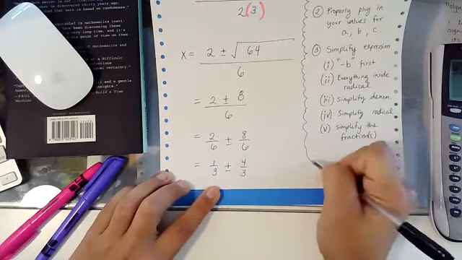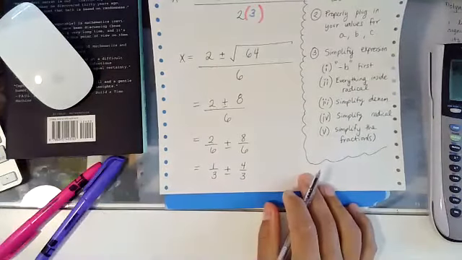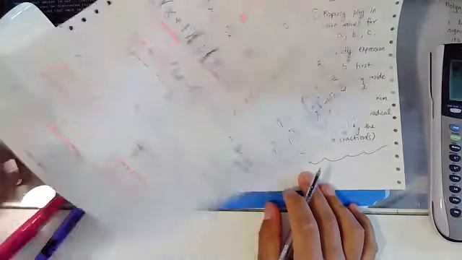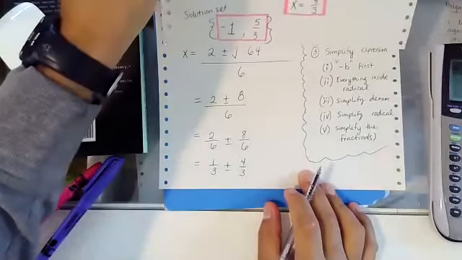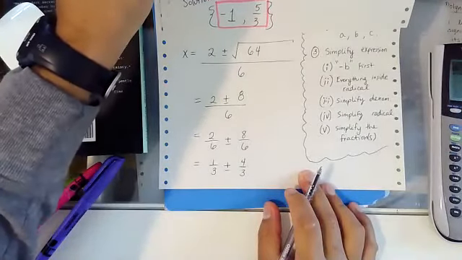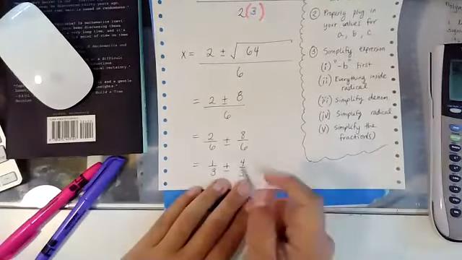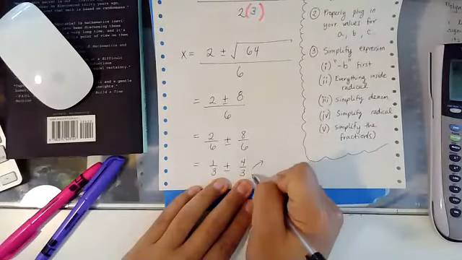Now this doesn't look like it matches the solution that we got from the last problem, which are negative 1 and 5/3. But remember, this is two solutions.